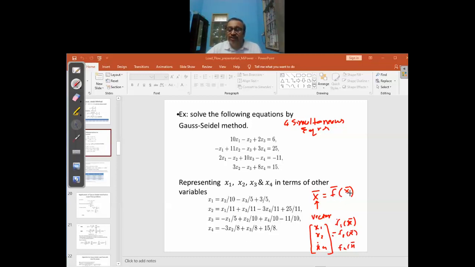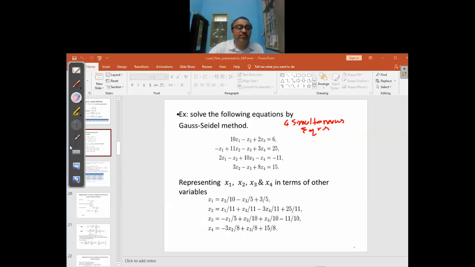This is again x1, x2, x3, x4. So just see that I have tried to express x in terms of x here. So in this case it is x1 is equal to some function f1 of x1, x2, x3, x4. This is x2 is equal to some function f2 of x1, x2, x3, x4. Okay.